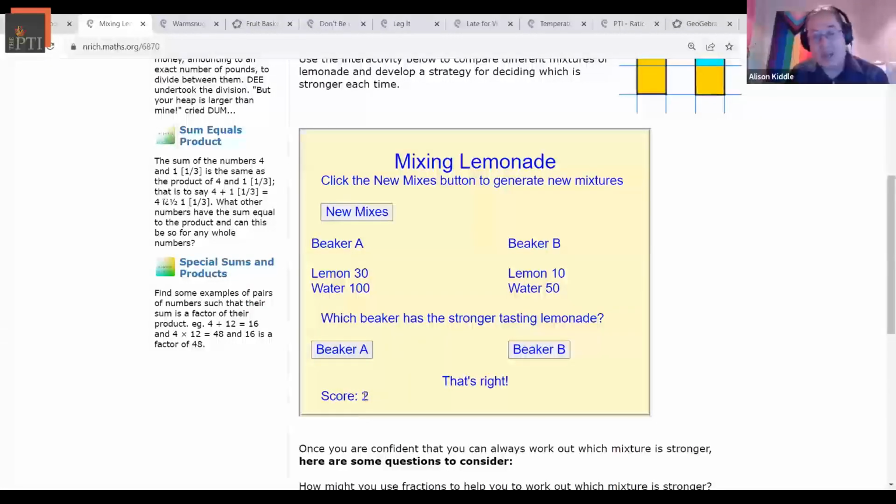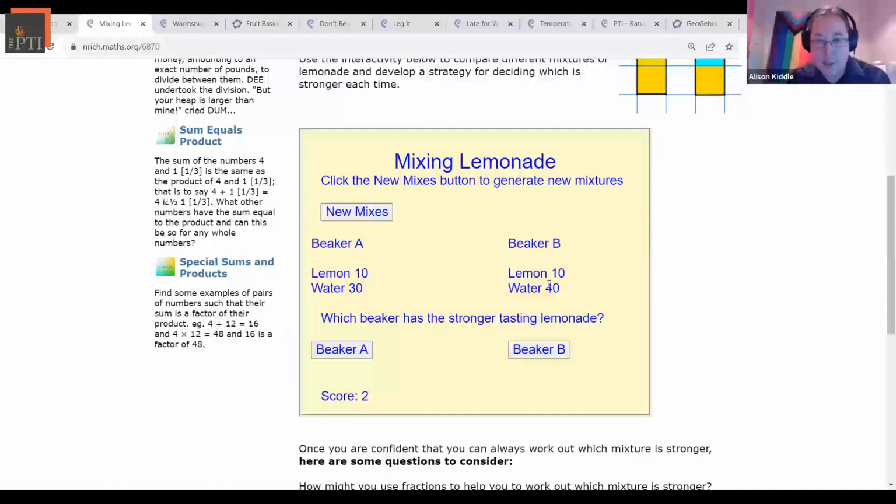So the nice thing about this is if you're working in a classroom where everybody has got access to a laptop or an iPad, people can work individually on solving the problems. And if I generate a new question, let me deliberately get it wrong just to see what happens.